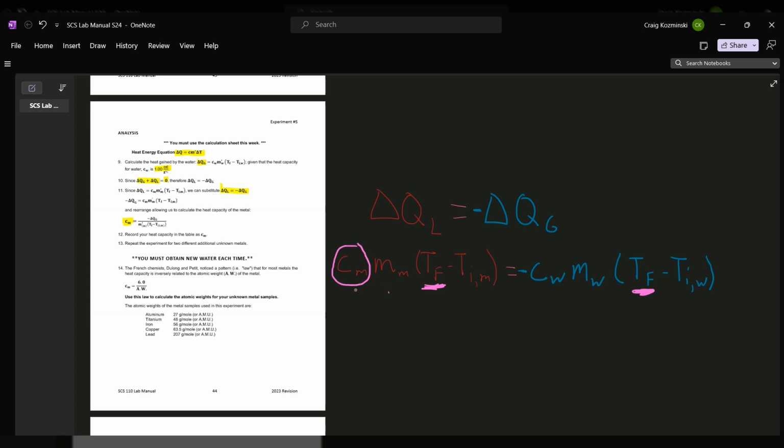And to solve for this, what we're going to do is we're going to divide both sides of the equation by the mass of the metal times the change in temperature of the metal. That's T sub F minus T sub Im. And so if I divide the left by that, I also have to divide the right by that.